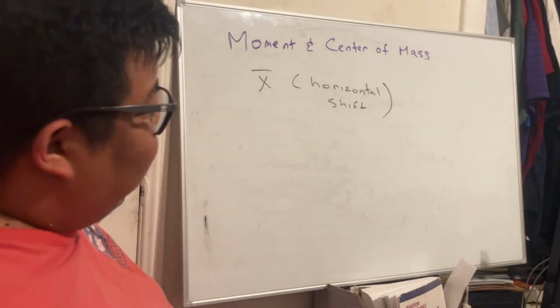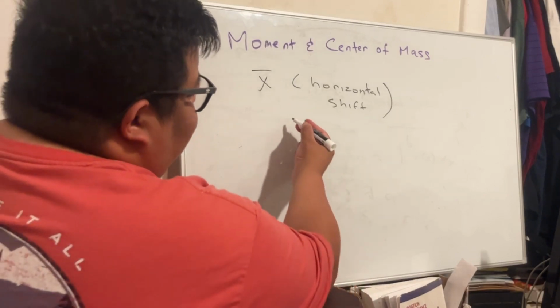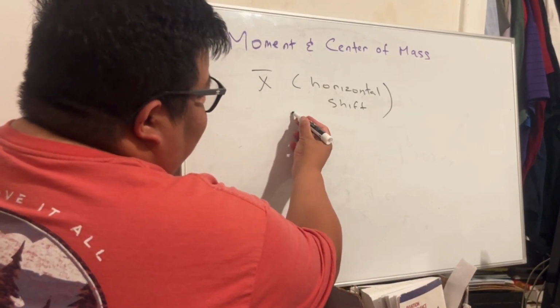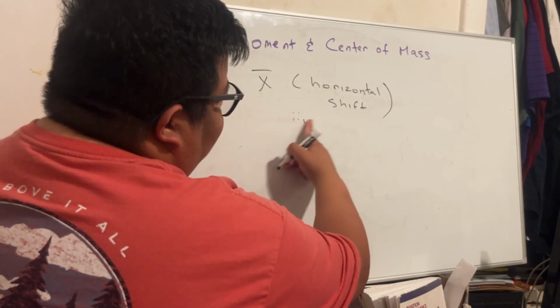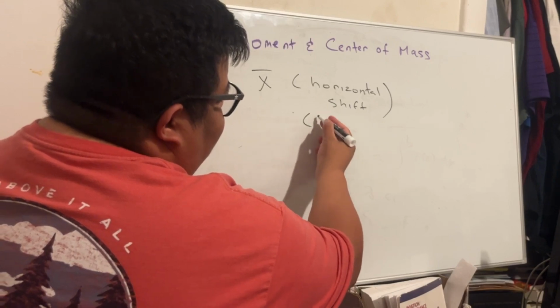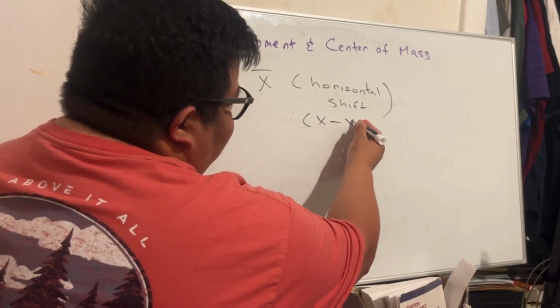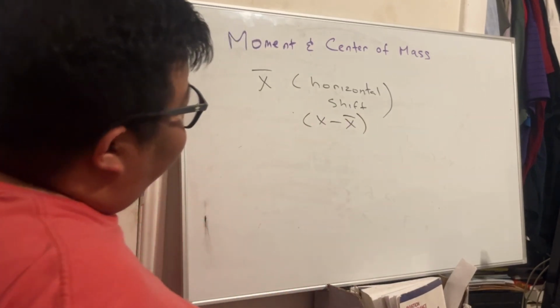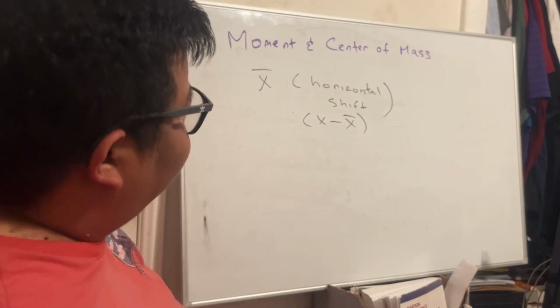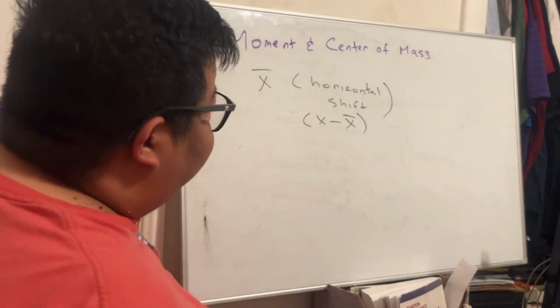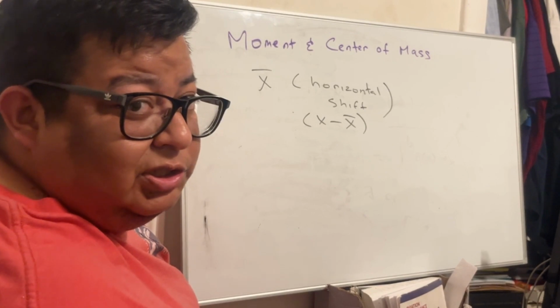It's a horizontal shift. That means your xi is going to be equal to x minus x bar, because we're shifting each object in the seesaw either to the left or to the right.